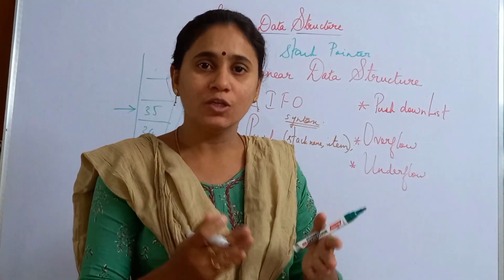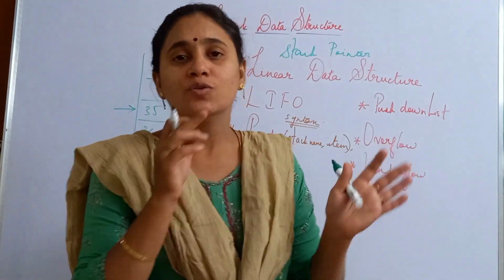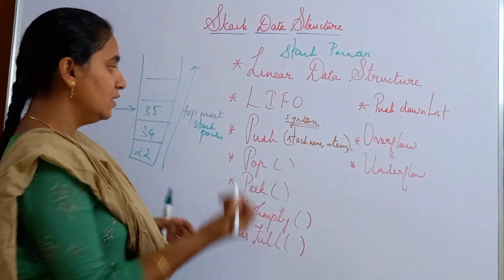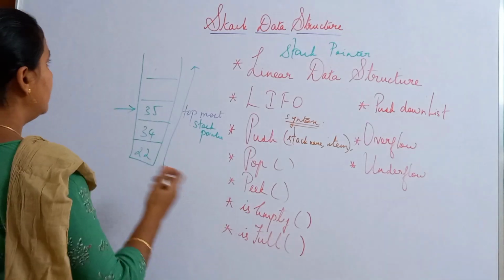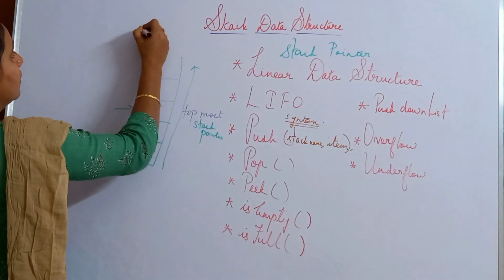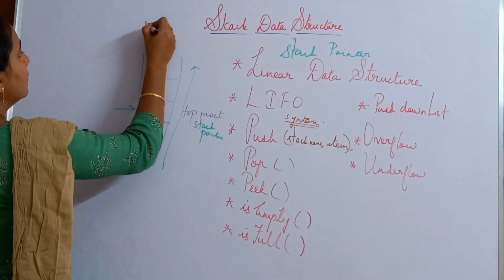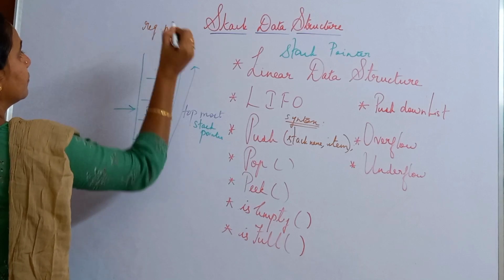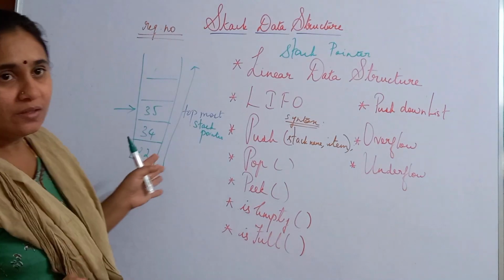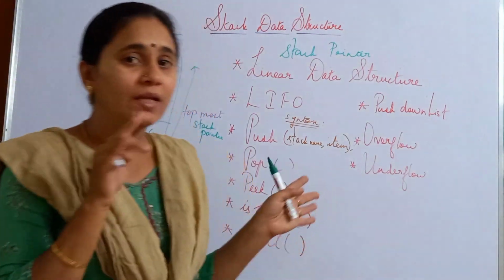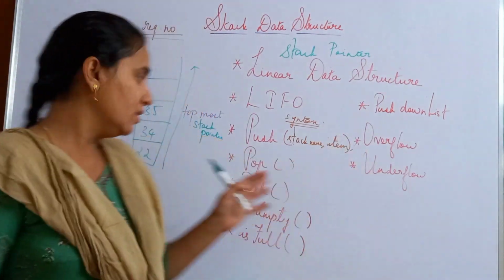Once you execute this push statement, the item gets stored. For example, let the stack name be register number. This is the name of the stack. I have entered, for instance, 3 register numbers.